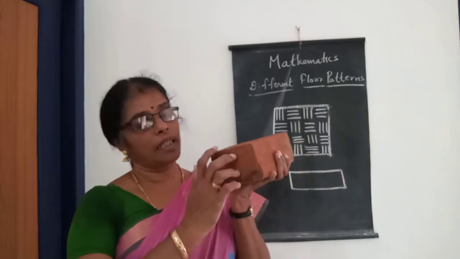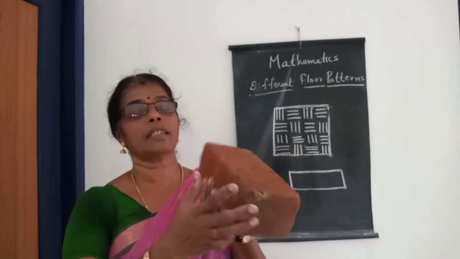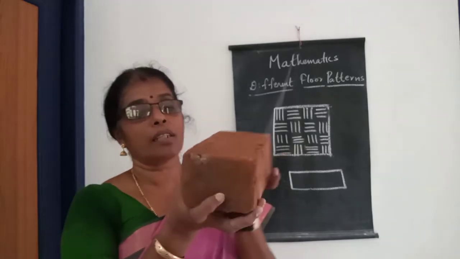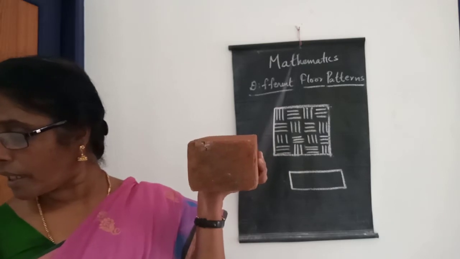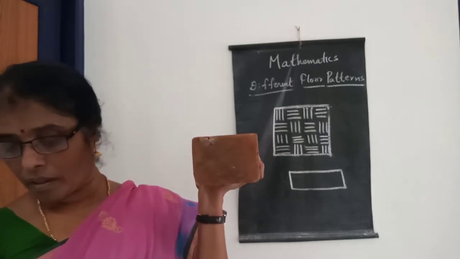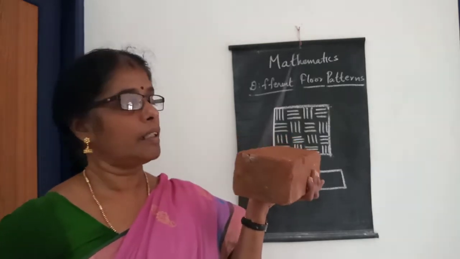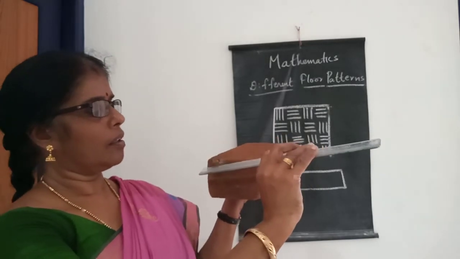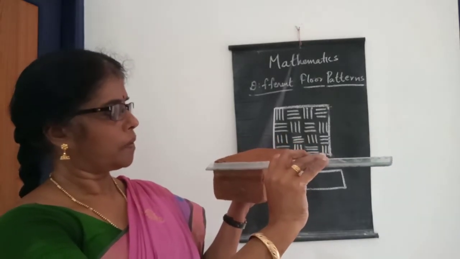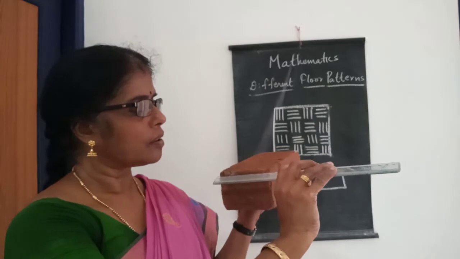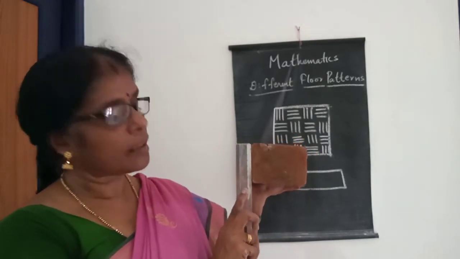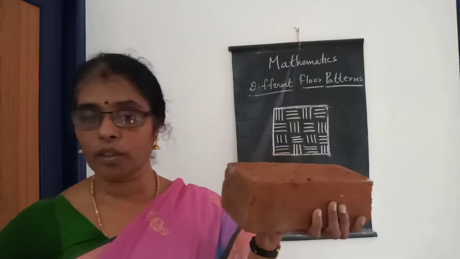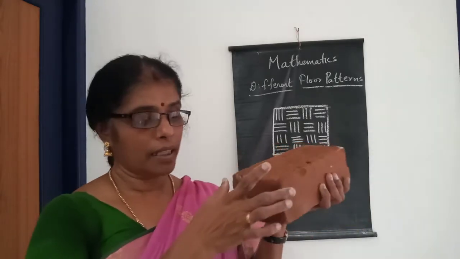But look, this side is also a rectangular shape, because this side is 10 centimeter and this side is not the same, this side is 7 centimeter.